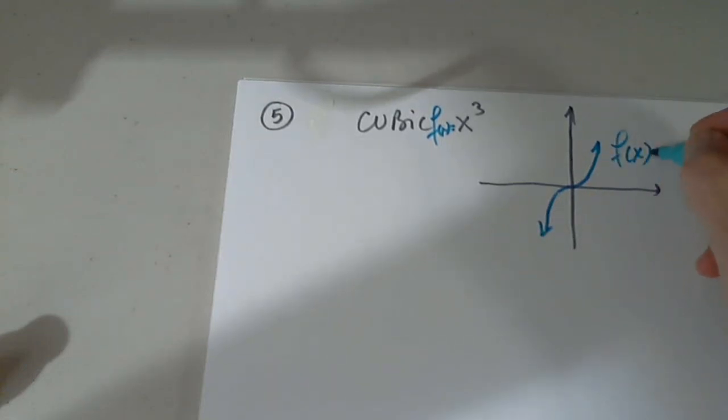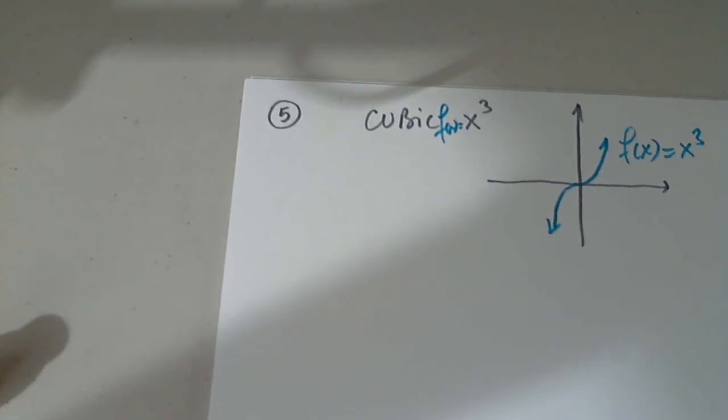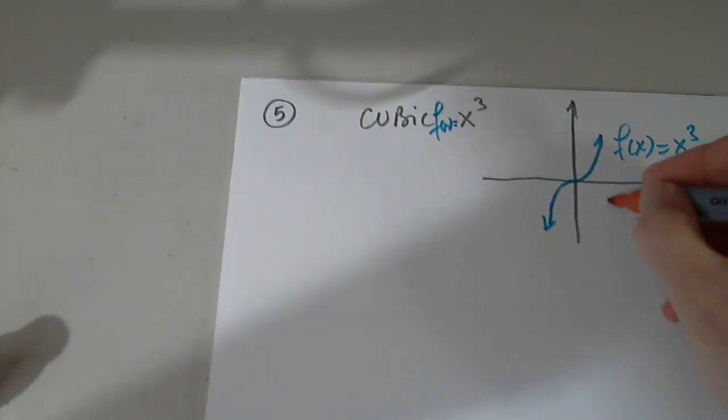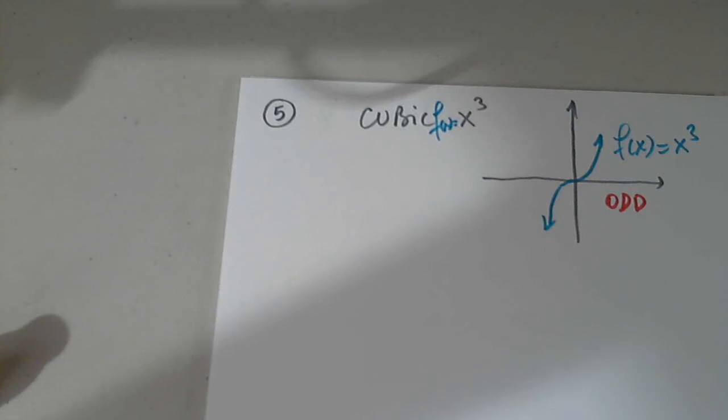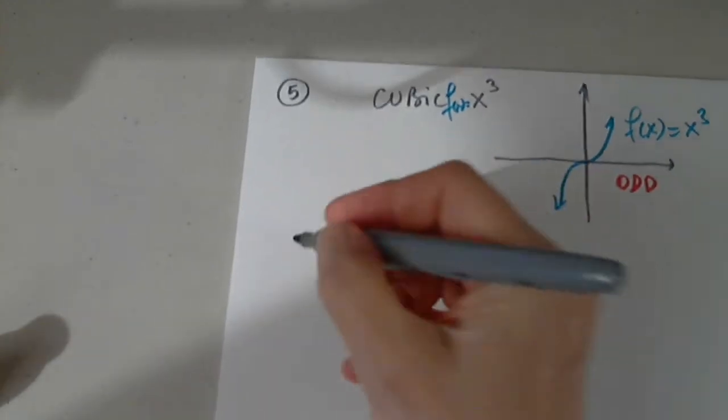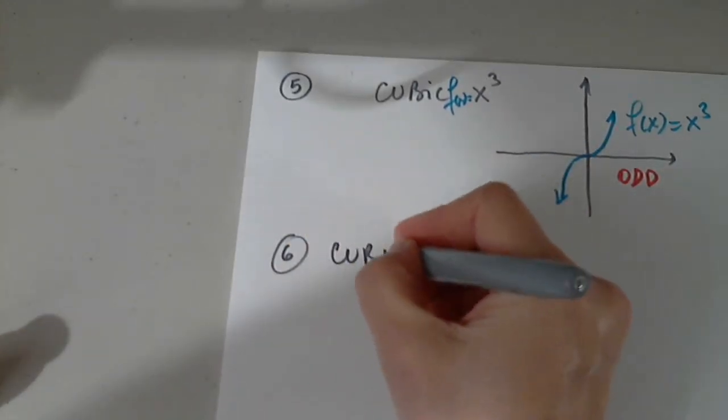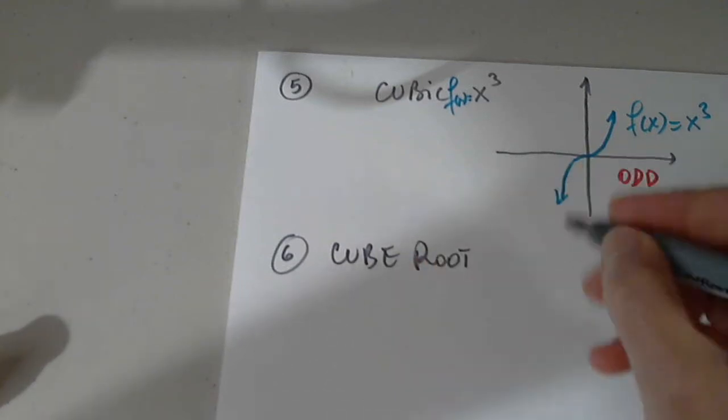So this is f of x equals x cubed, odd, even, or none of the above. Very good, awesome, thank you very much. Good. Finally, the cube root. We like this function.